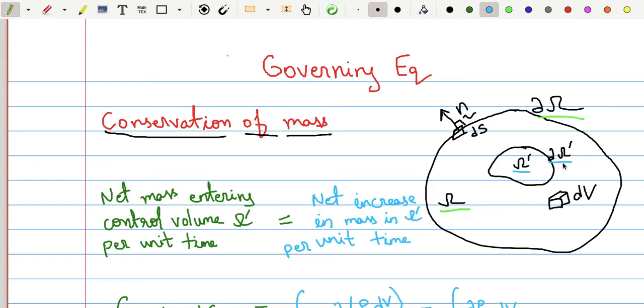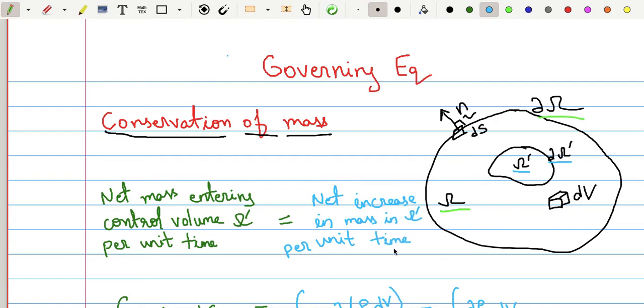Now let us see what we get when we impose these conservation laws. If I take an arbitrary subdomain omega prime, what is the statement of conservation of mass? The statement of conservation of mass states that net mass entering the control volume omega prime per unit time would be equal to net increase in mass in omega prime per unit time.